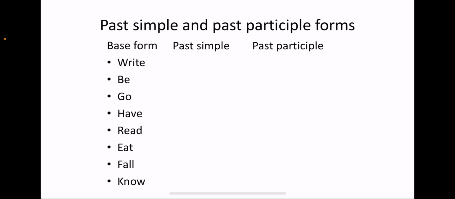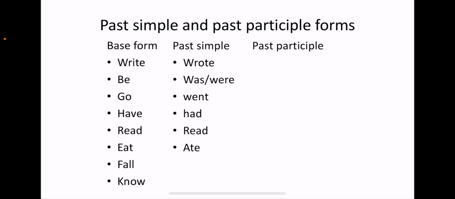So for write, the past of write is wrote. Be, was, were, go, went, have, had, read, read, eat, ate, fall, fell, and know, knew. The participle forms of those verbs are written for the first one.